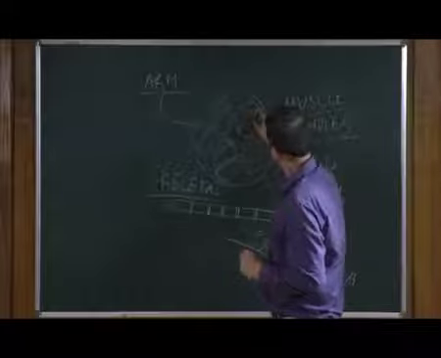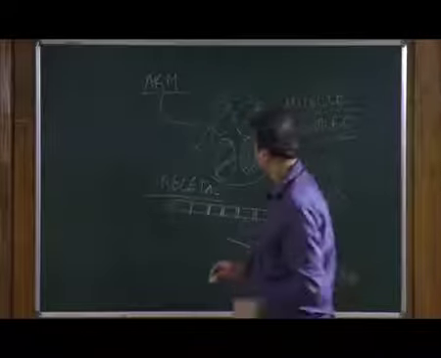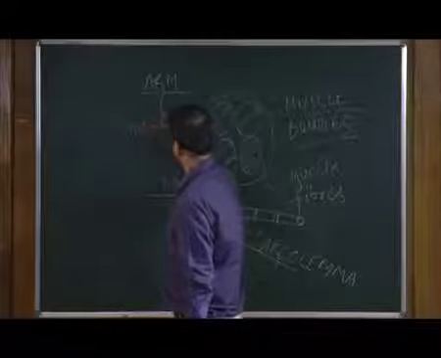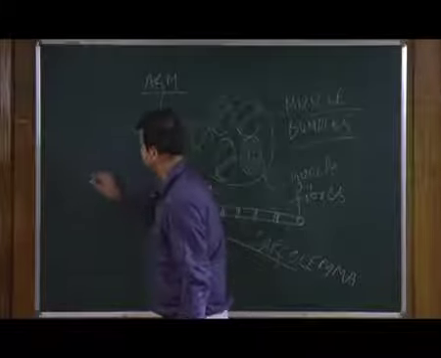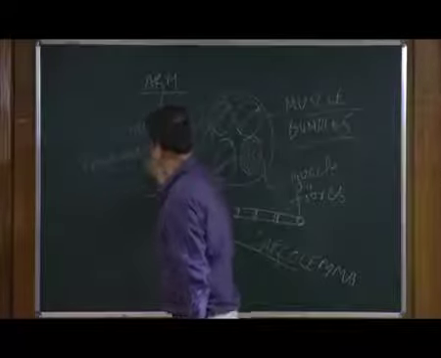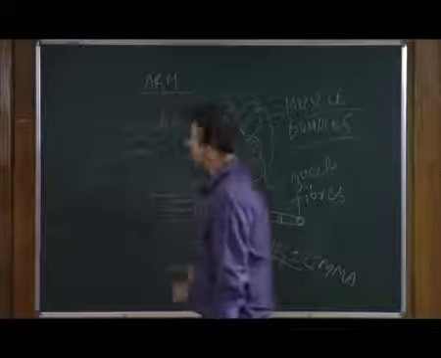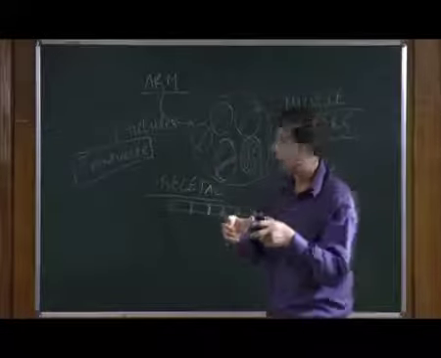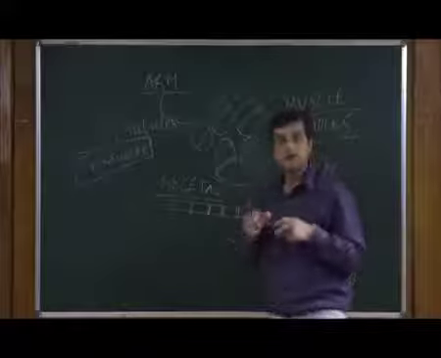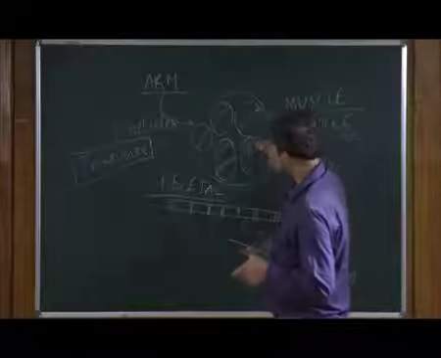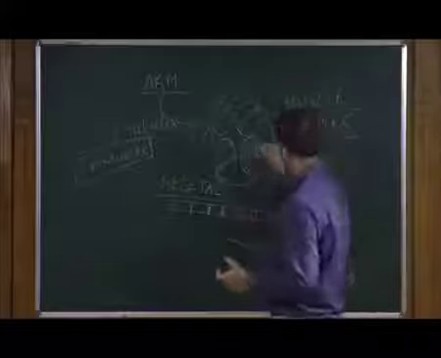Now, this small tubule-like structure is called the T-tubule, where T stands for transverse. The transverse tubule is a conducting tubule located in a muscle bundle in order to sustain the transportation, or to move solutes inside the muscle bundle.